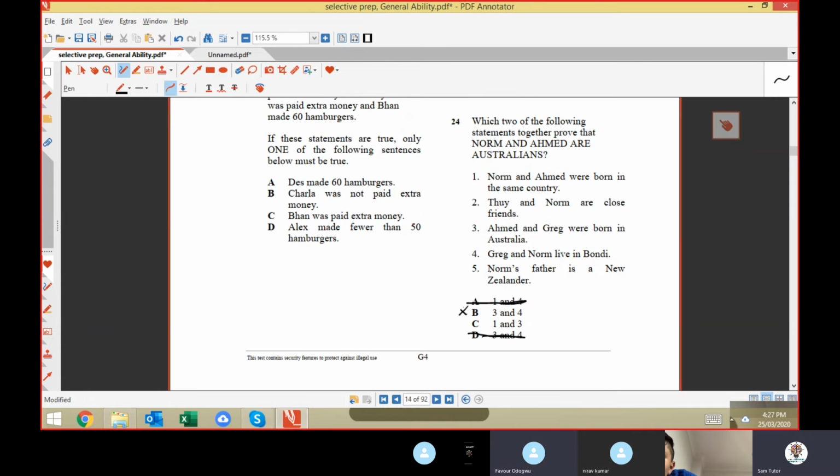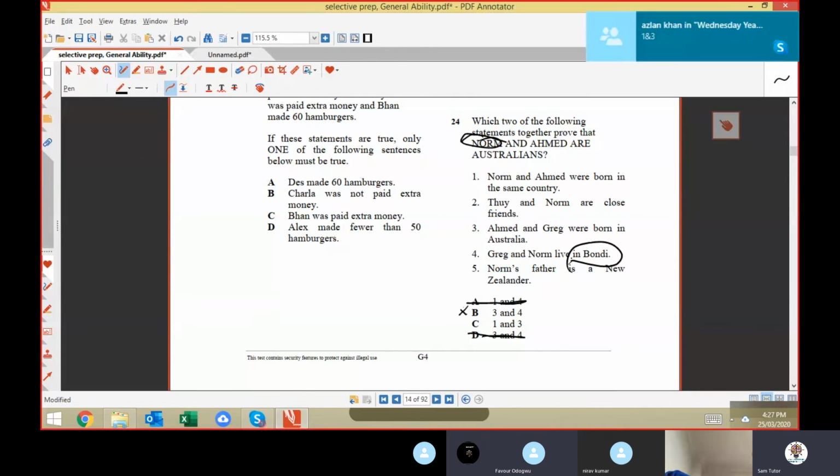All right. Let's talk about that together. It would be 1 and 3, but let's talk about 3 and 4 real quick. We're saying Ahmed and Greg were born in Australia, right? And then it says Greg and Norm live in Bondi. Does that have anything to do with Norm being born in Australia? No. So, if Norm lives in Bondi, does that mean he is Australian?